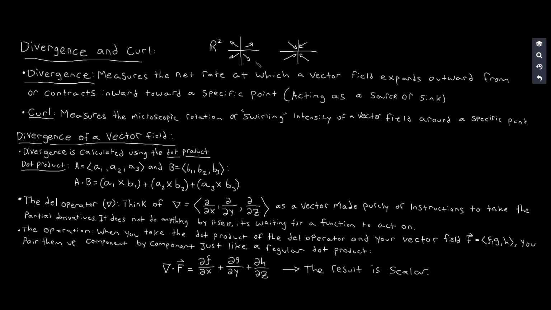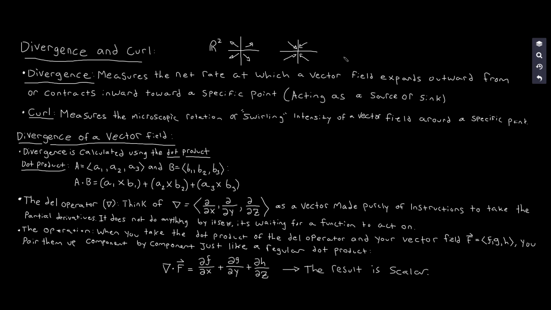Essentially, if you have arrows coming out of something, and it doesn't have to be at the origin, that would be a source, because it's acting as a source for this force, for the motion here. And if you have a sink, which is here, then all of the vectors are pointing towards a particular area.